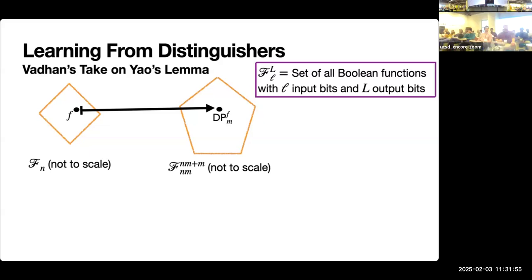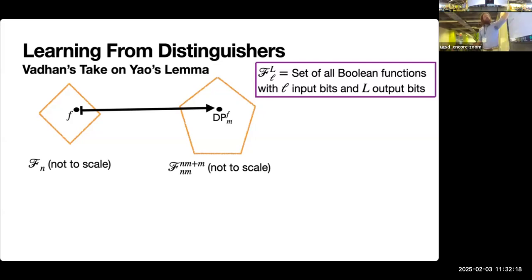The resources that we have available to us are a function, f, that we can make oracle calls to. Imagine this as a transformation from the function f that, to begin with, takes n input bits, because that's what all our concepts do.